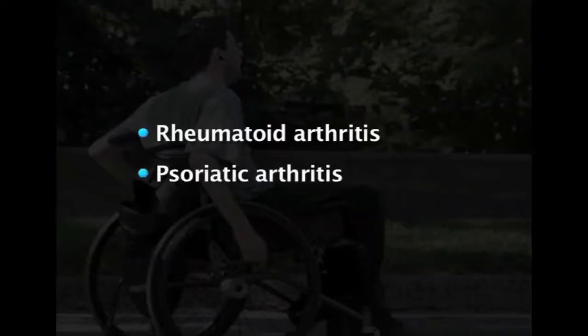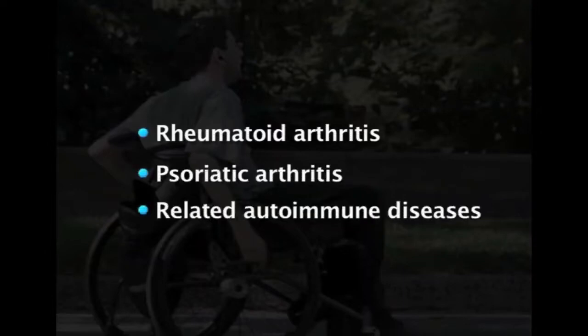Other arthritis forms are rheumatoid arthritis, psoriatic arthritis, and related autoimmune diseases. There is an arthritis called septic arthritis. It is caused by infection to the joint. The major complaint by individuals who have arthritis is joint pain. The pain is often constant and may be localized to the joint affected.